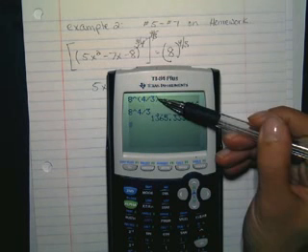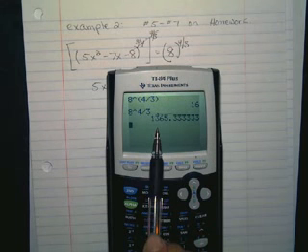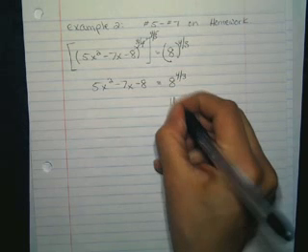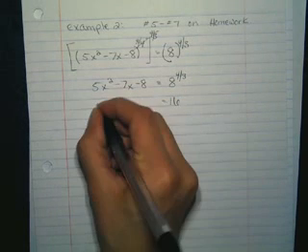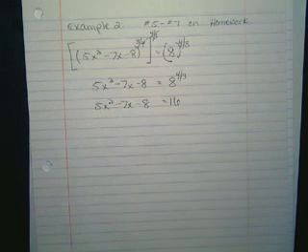So make sure you put the 4/3 in parentheses. Otherwise, you will get a very wrong answer. Okay? You could also do it individually if you want. So 8 to the 4/3 is 16. So we have 5x squared minus 7x minus 8 equals 16.